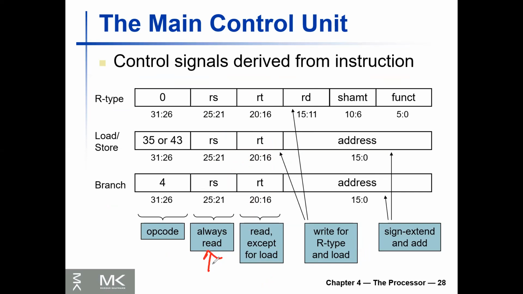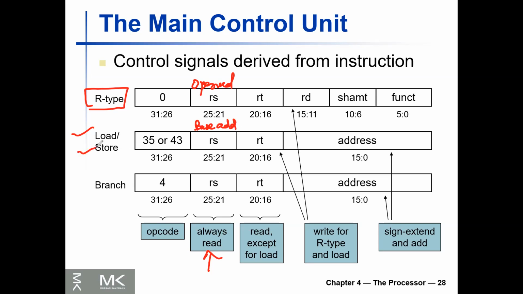Why read? Because in case of R type, it is a register, what we call operand. Here is operand. Correct? In case of load, what do we have here? Base address.